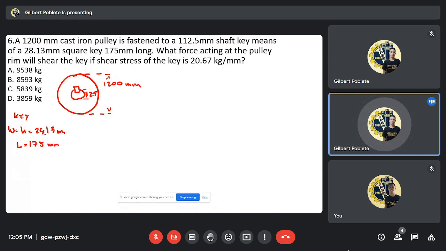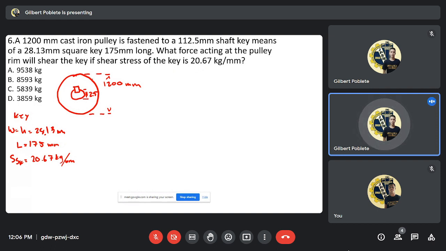Tapos meron tayong stress na 20.67 kilogram per millimeter.